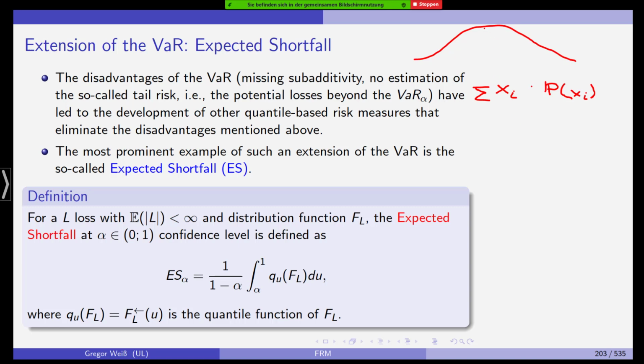What happens for a continuous distribution? Well, the sum becomes an integral, and you might remember that it's x times the density function of x dx.